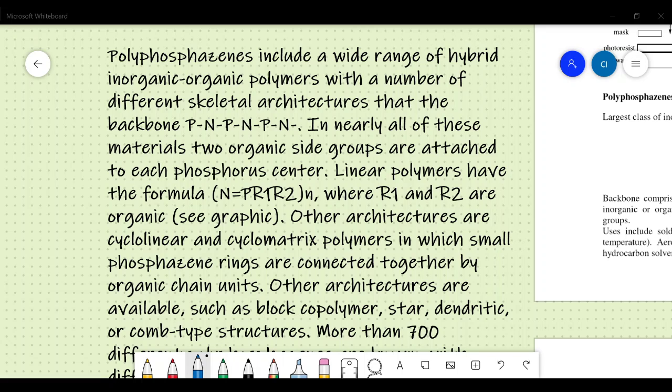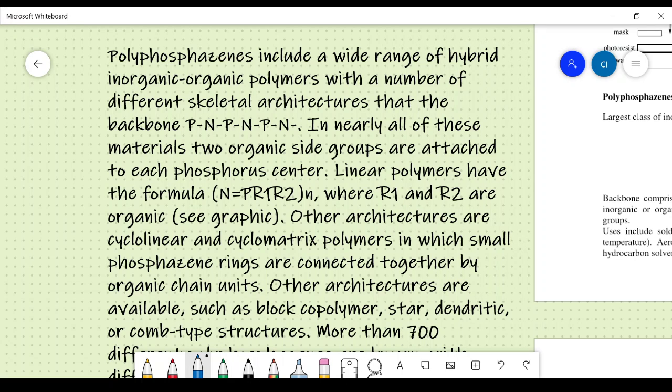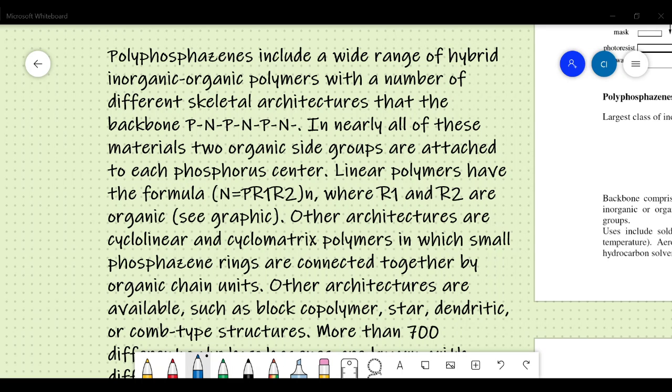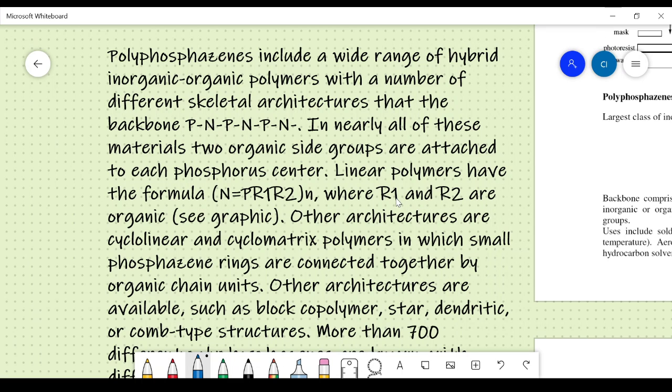In the last session, we covered the polysilenes, a very important structure and a derivative from the silicates. So here is the next point in your syllabus, called the polyphosphazenes.